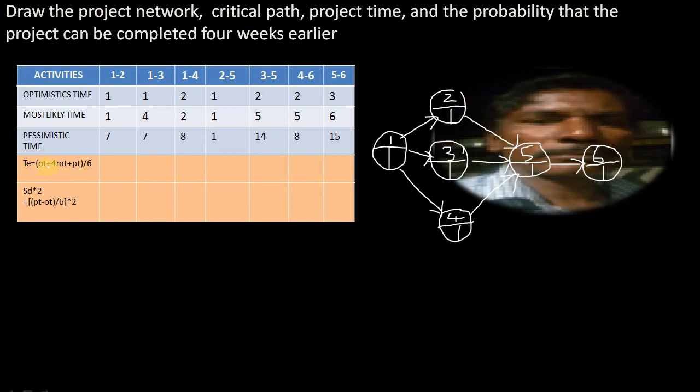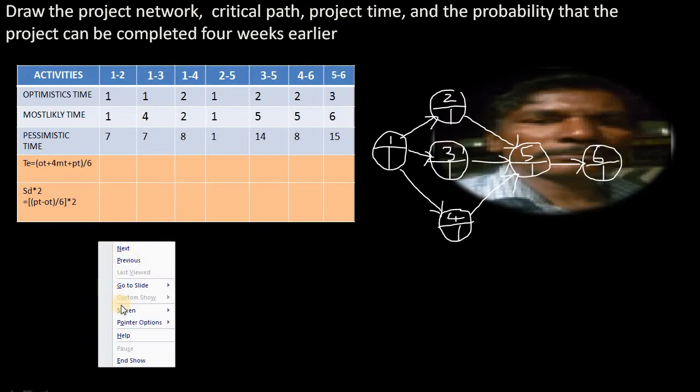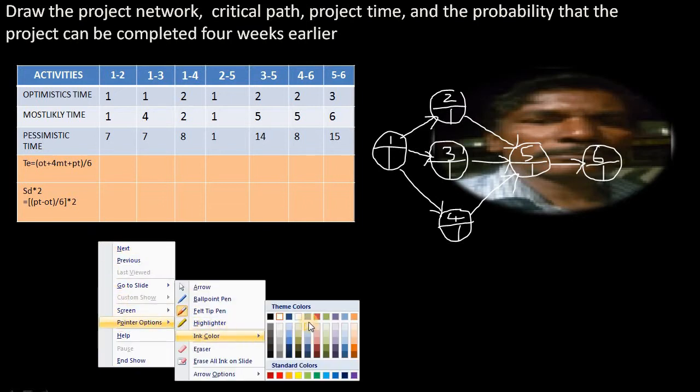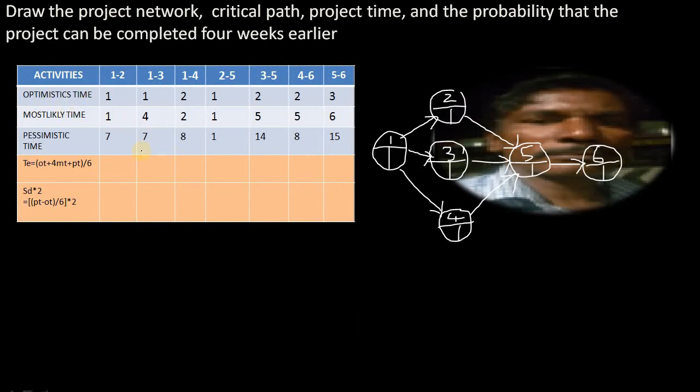Optimistic time is 1. 4 times most likely time: 4 into 1 is 4, 1 plus 4 is 5, plus pessimistic time 7, so you get 12 by 6, which is 2. So here the time estimate is 2.